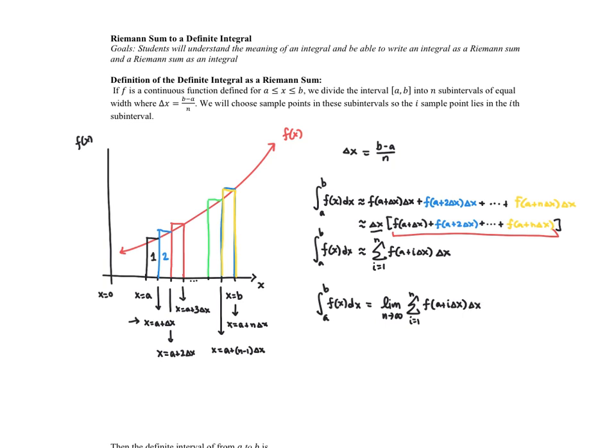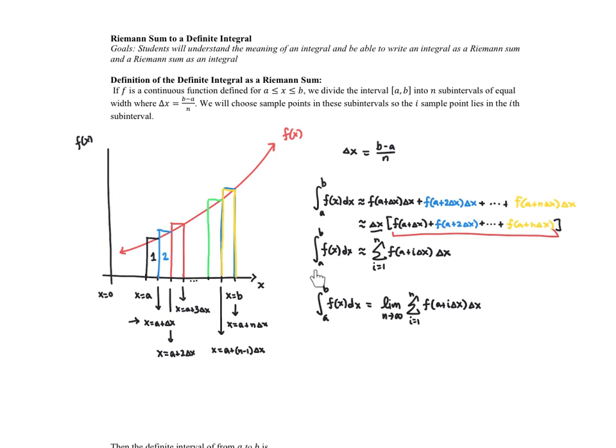All right, so if the finite interval of a to b now has, let's say, 100 subintervals, then these little errors right here are going to be very, very small. And the larger the number of intervals, the smaller the width of the interval, the smaller the error.